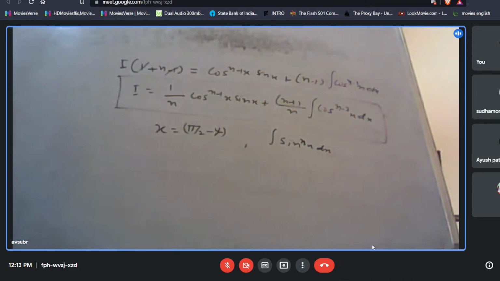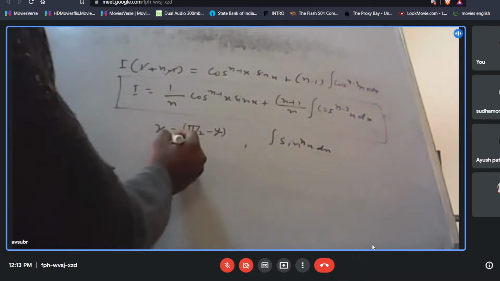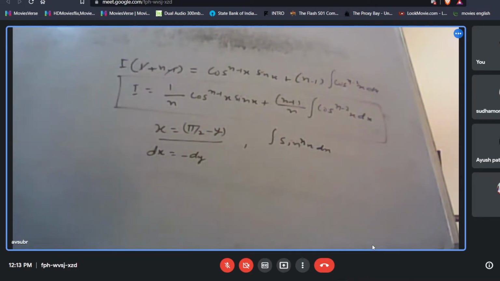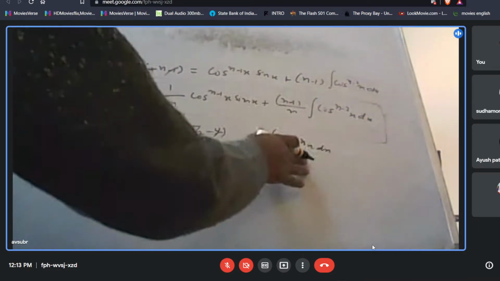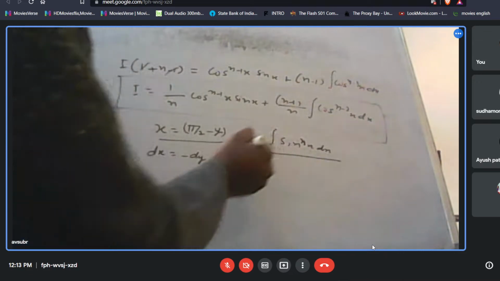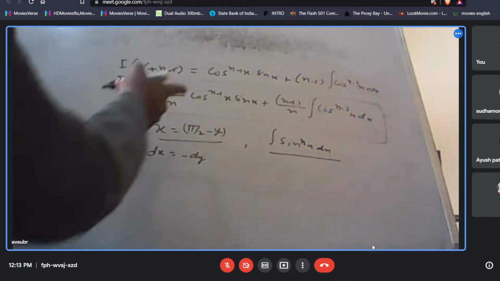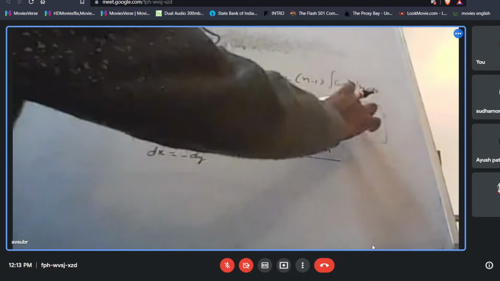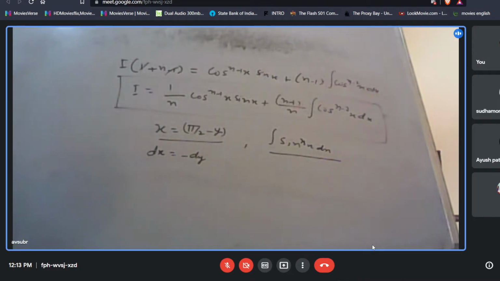If you differentiate it, it will give you minus dy. dx will be equal to minus dy. So when you put it in the reduction formula of this, then you will get the same thing. Only thing you will have to get y like that, and y or x doesn't matter. So you will get the same formula. You can do it by yourself.